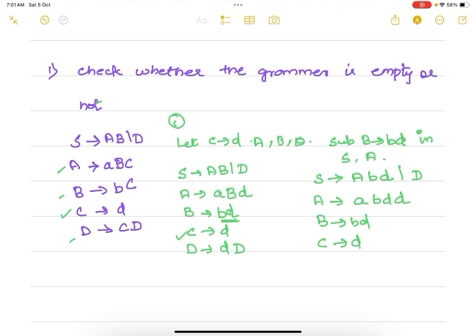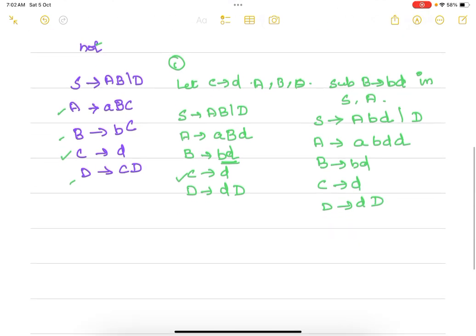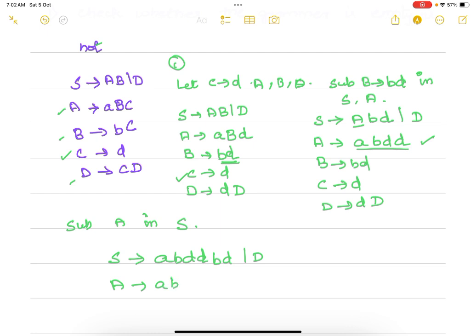C goes to D. And D goes to d and capital D. Now, after substituting B in A, we have another set of terminal symbols generated from A. Substitute this A in S. Then S goes to ABD, D, and for this A we replace again; a BD and a D is there. All other productions remain one and the same.